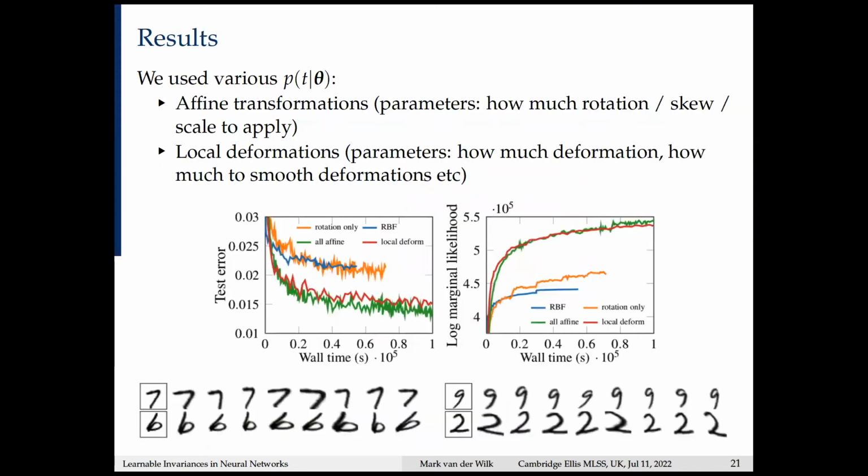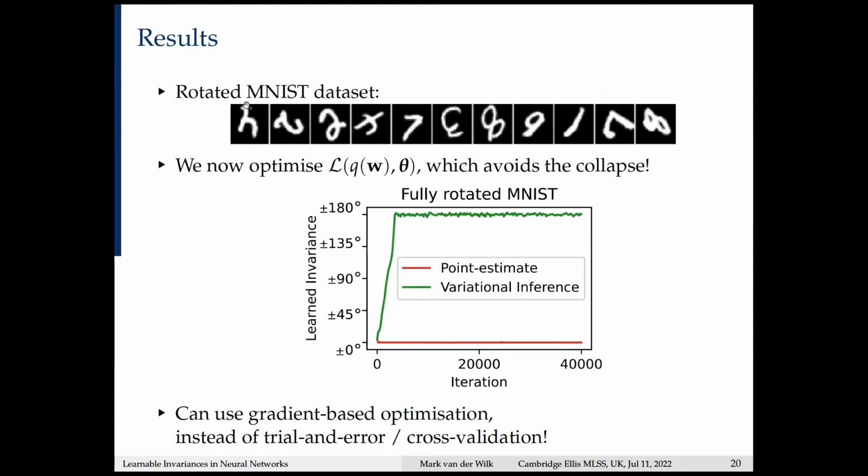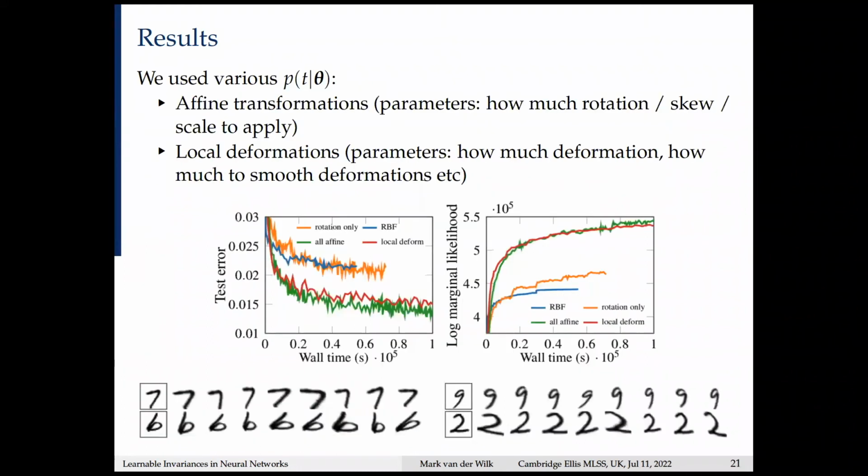So, to give maybe a slightly different result: here we applied it to the rotated MNIST data set, and we learned a fully rotational invariance. But what's interesting is that we can apply exactly the same model to a different data set, which needs a different inductive bias. In this particular case, normal MNIST, it learns a different inductive bias, right?